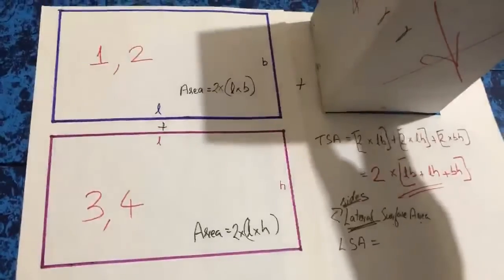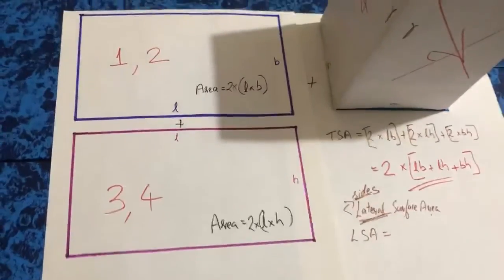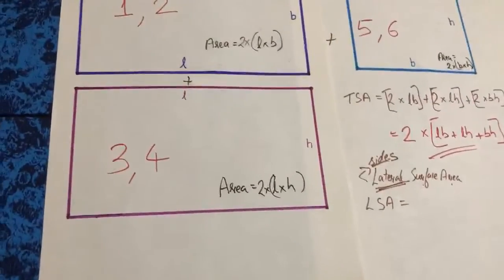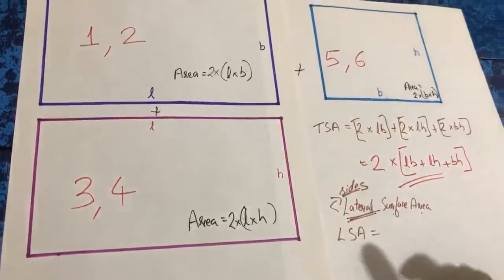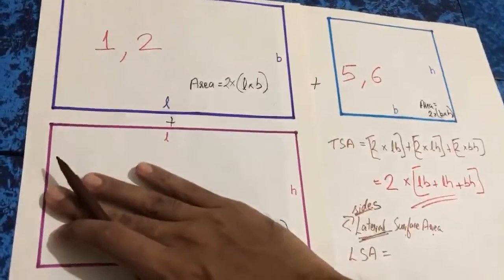So the formula depends on what you consider as a base. As a result, we can easily derive the formula. I will consider 3 and 4 to be my base and top.